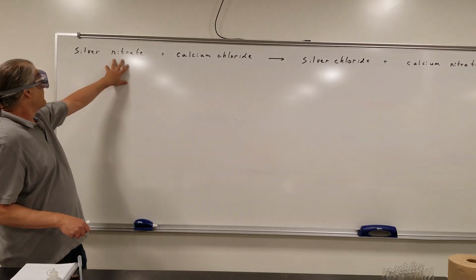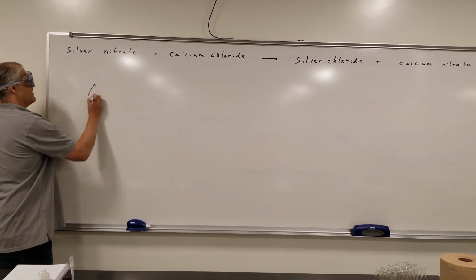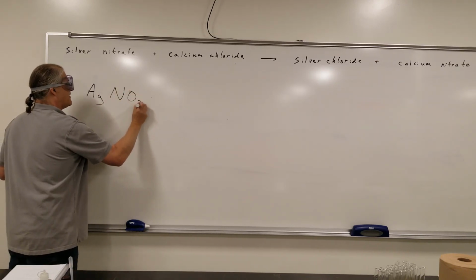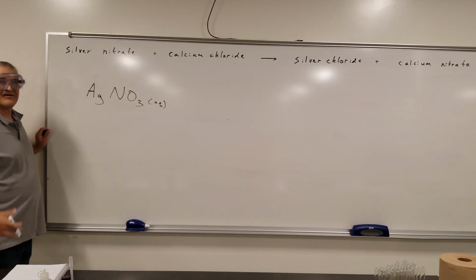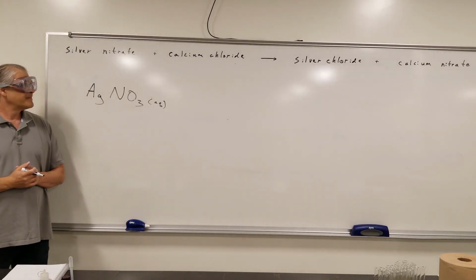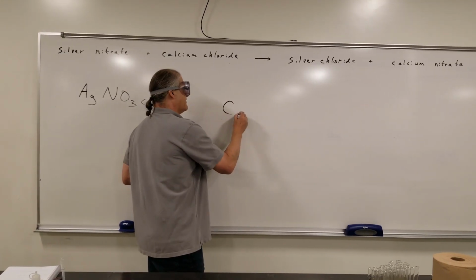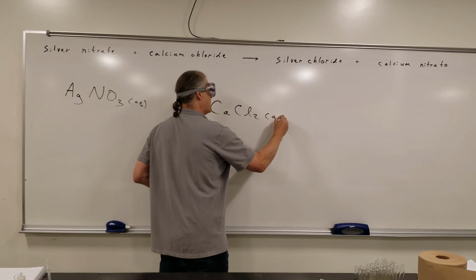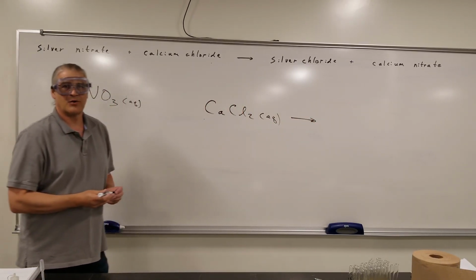So instead of saying silver nitrate, we want you to write AgNO3. (aq) means it was dissolved in water. Instead of calcium chloride, we want you to write CaCl2. And again, that was also dissolved in water.